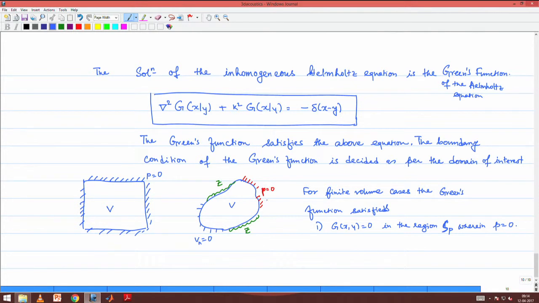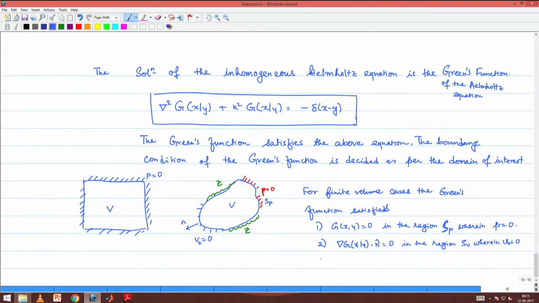So, this red region is S_P where pressure has been specified. It will also satisfy gradient of g(x, y) dot n equals 0 in the region S_V wherein V_n equals 0. This is the region where V_n equals 0, and in this region the gradient of the Green's function dotted with the outward normal should also be 0.